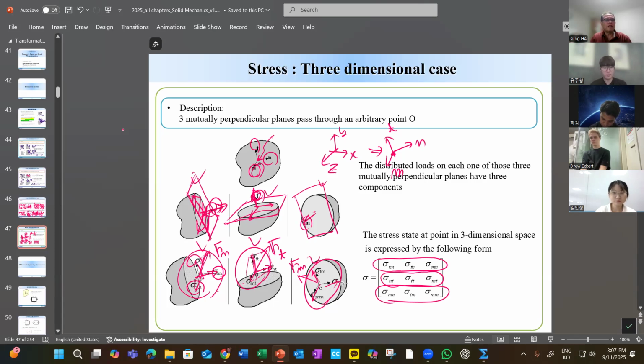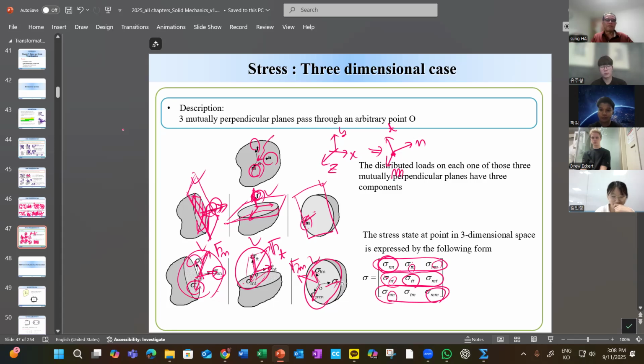But we intentionally have a certain direction. This is the normal, NN, TT, and MM. I know it's confusing. This is a TN, this is a NT, and NM, and MM goes here. I didn't pay much attention here, but let me explain later why we don't have to.